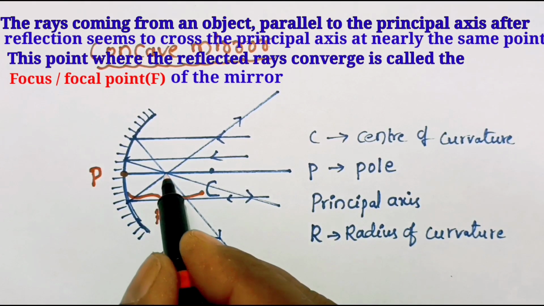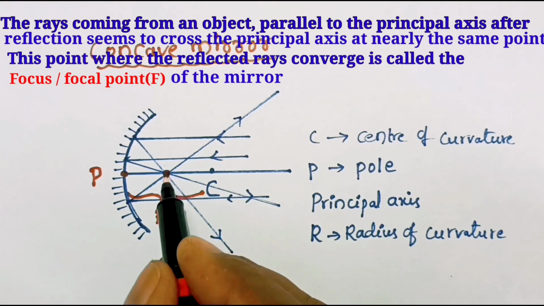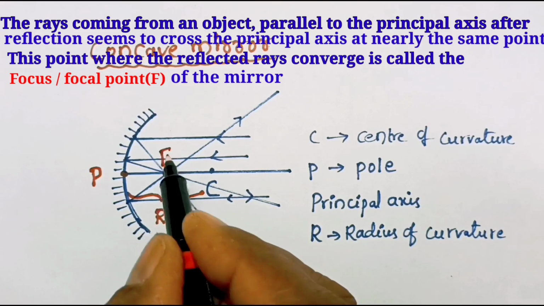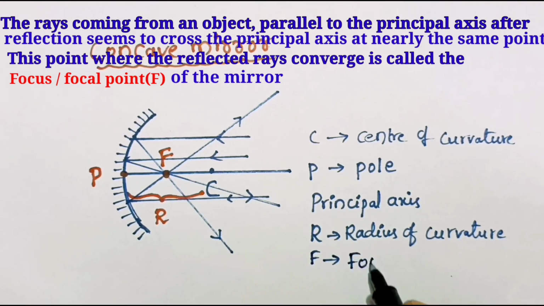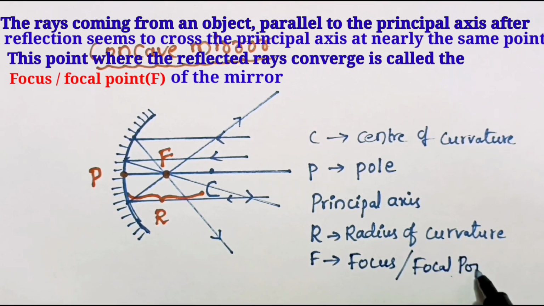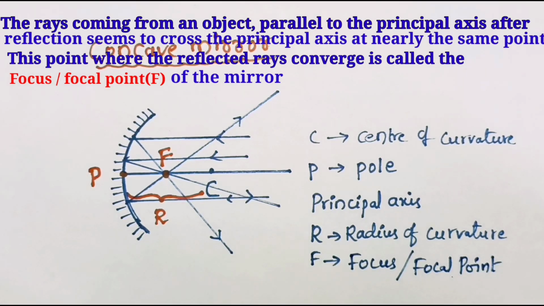All the reflected rays join at a point. This point is called the focus or focal point. Definition: the rays coming from an object parallel to the principal axis, after reflection, seem to cross the principal axis at nearly the same point. This point where the reflected rays converge is called the focus or focal point of the mirror.